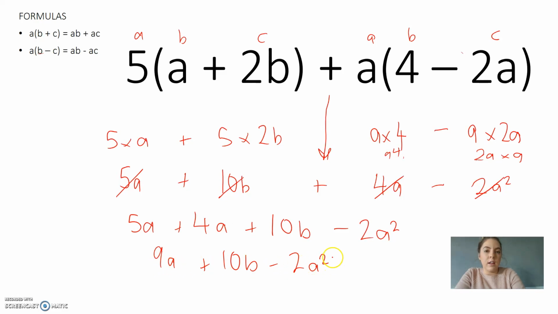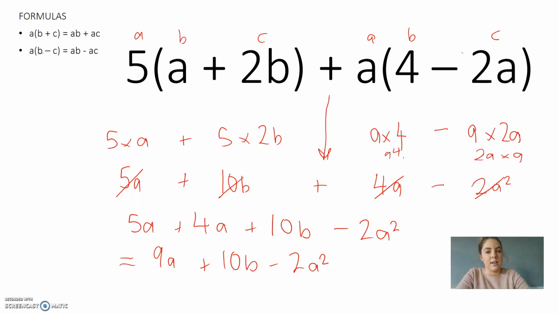There are no other like terms. This one has a variable of A and this one has a variable of A, but this one's actually A squared, so they're not like those ones. So these brackets here have been expanded into our expression along here, and then we've simplified it down to this being our final answer.